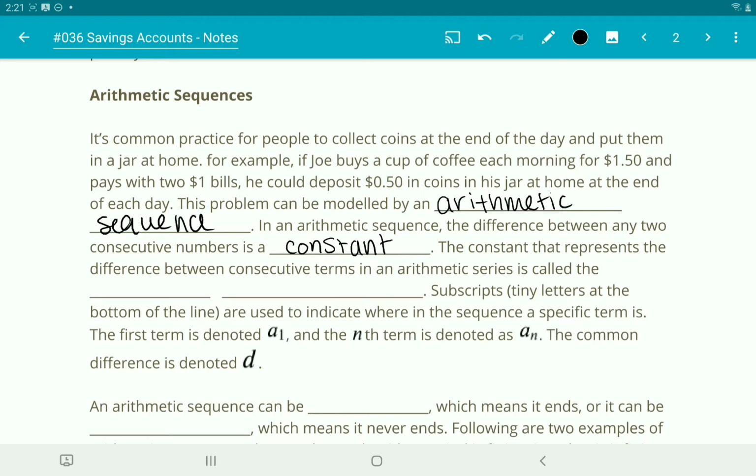So if he's got like $15 in it at the beginning, and then the next day he's got $15.50, the next day he's got $16, each one in order is going to be exactly 50 cents apart from each other, so the number is going to be constant. The constant that represents the difference between the consecutive terms is considered to be the common difference.